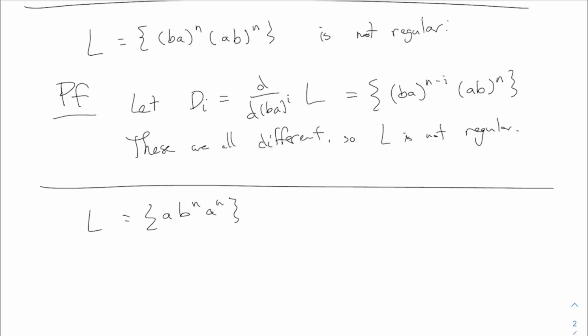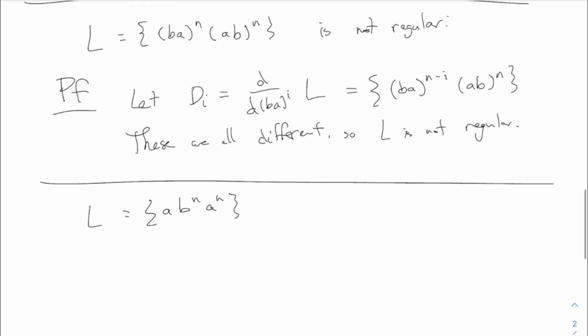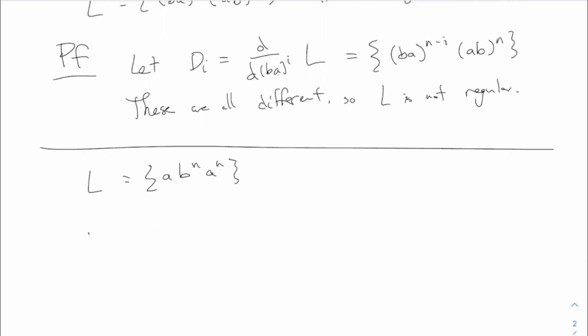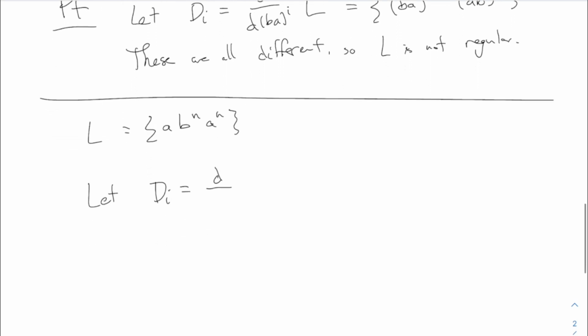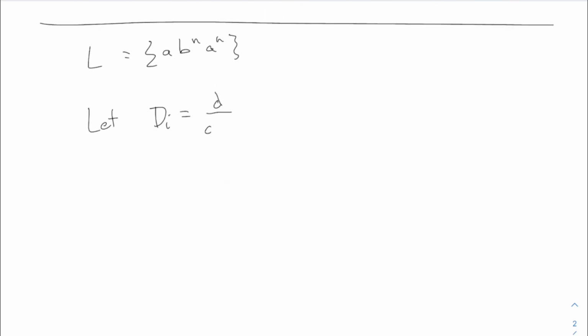But otherwise, we want to do the same basic idea here. Anybody got a plan for this one? Yeah? Do like dA and then B to the i? Yeah, derivative with respect to a b to the i.